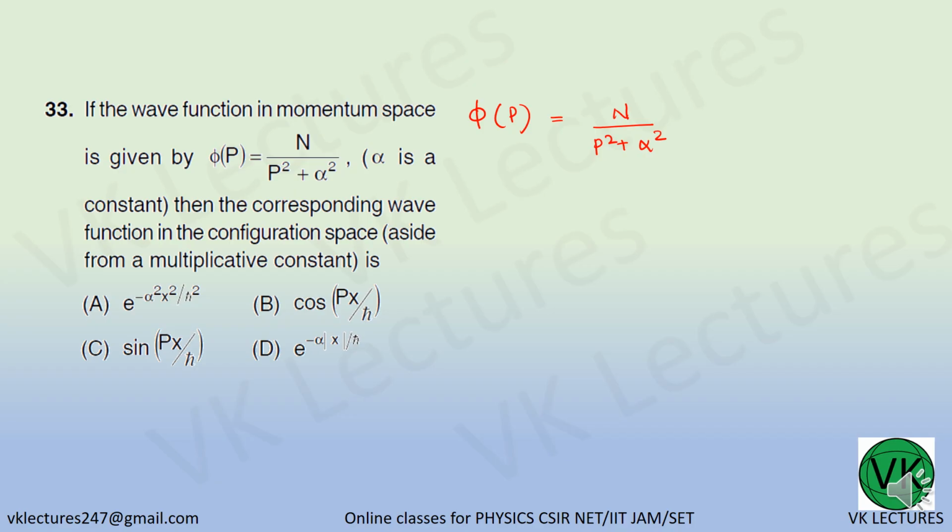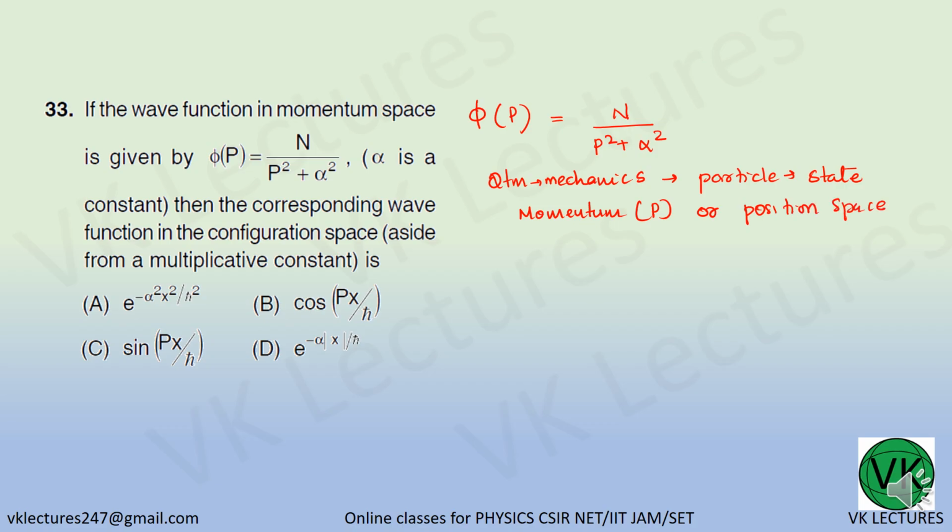Now in quantum mechanics, let's understand the question. In quantum mechanics, a particle can be represented by the state of the particle. The particle state is represented either in momentum space, that is p space, or k space, anything is okay, or the position space.